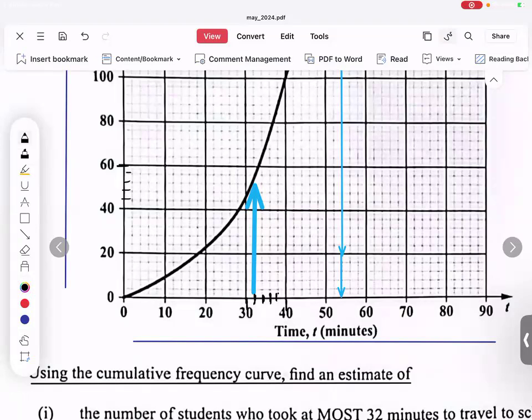So 44, 48, 52, 56. So it look like it is safe to bet that it's somewhere here. Do you agree? 44, 48, 52, then the fourth one at 56. So it might be somewhere between here.